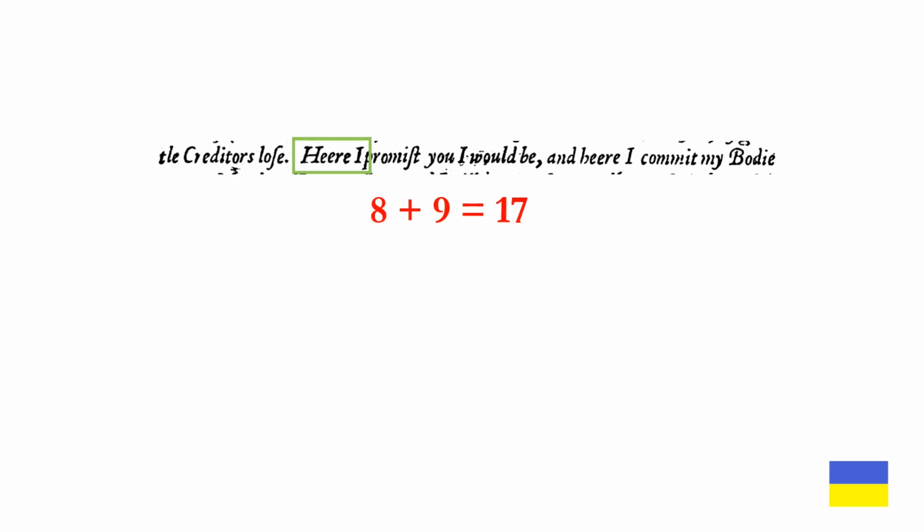Skeptics will ask, why didn't I add the gematria sum for the second uppercase I? I believe it has to do with this. Between the period after "lose" and the uppercase H in "here," and the lowercase t in "promised" and the lowercase y in "you," I detect that the gaps between those characters are slightly larger.